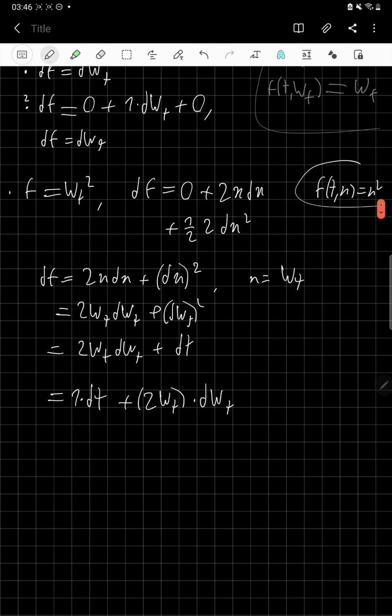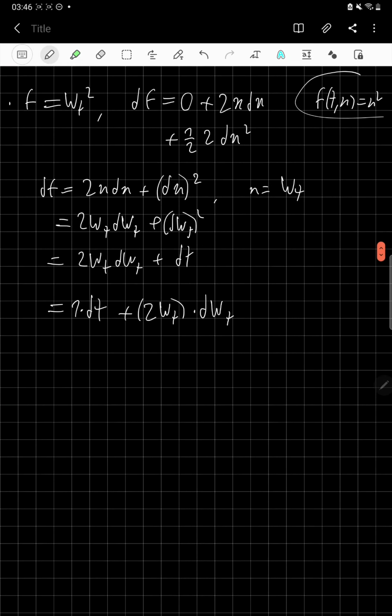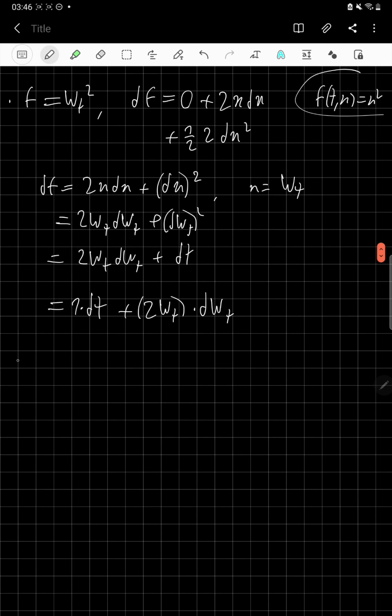Okay. What's a big consequence of this? A big consequence. We can conclude from this that df, as here there is a time dependency, an extra dependency here.